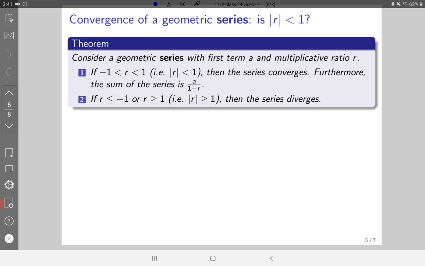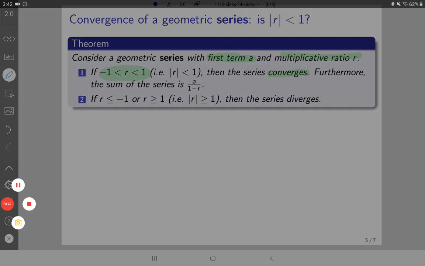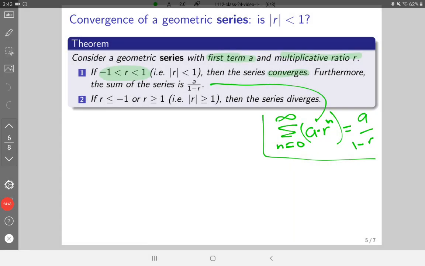If you take a geometric series whose first term is a, and whose multiplicative ratio is r, just like we've been considering all along, then if r is between -1 and 1, then the series converges. And not only that, we can tell you what it converges to. And so there I've written out the same information just slightly differently.